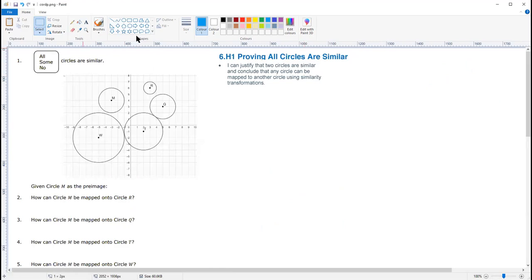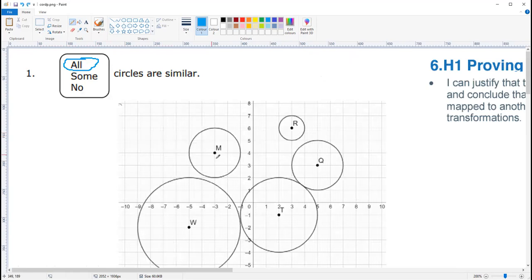So here are some examples of what you might see on your practice work. This is saying all, some, or no circles are similar. Well, this is all circles are similar. Given circle M is the pre-image. So this guy here is the pre-image. Let's zoom in and take a closer look.